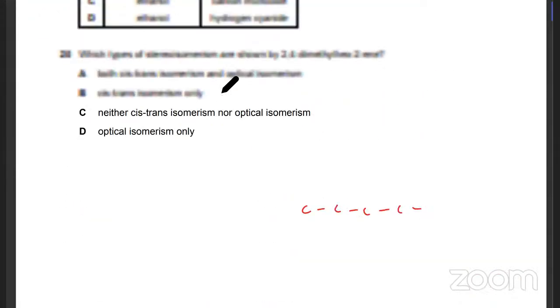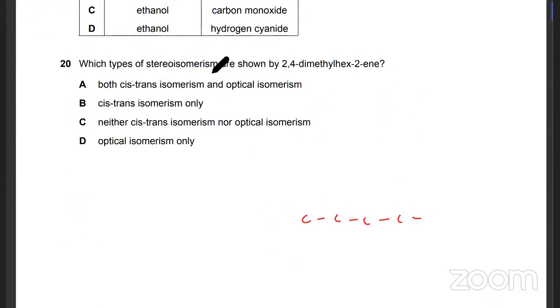As another previous one, we've got which type of isomerism, so hex-2-ene, that's 6 carbon atoms. 2-ene means double bond over here, and 2,4-dimethyl. So at 2, there's a methyl. At 4, there's a methyl. So tell me what isomerism will happen in this one. Optical.